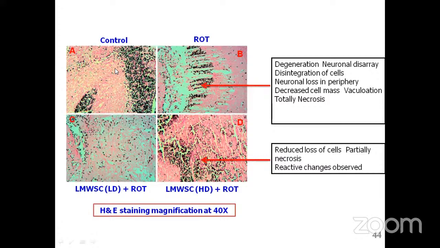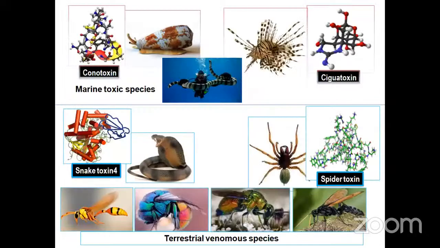The control does not show neuronal disarray, whereas the rotenone treated group shows neuronal loss and greatly decreased cell mass in the brain, which was minimized in the low molecular weight sulfated chitosan treated groups at low dose and high dose. This proves that low molecular weight sulfated chitosan as well as carboxymethyl chitosan have protective mechanisms against rotenone-induced toxicities.